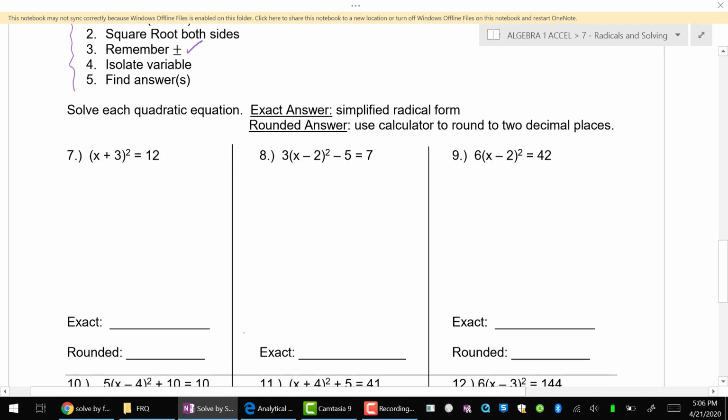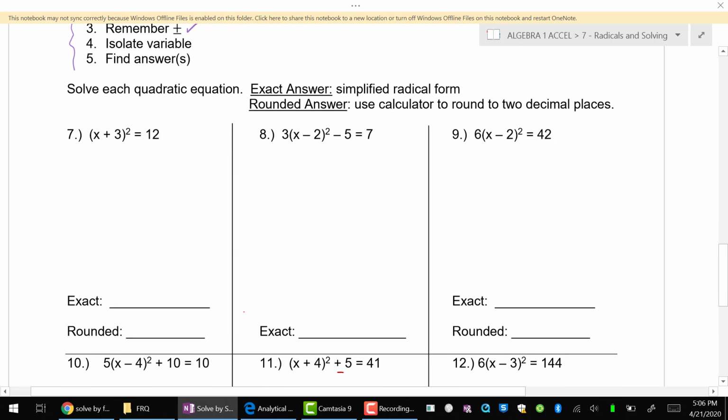I'll start with the basic one here in number 7. X plus 3 quantity squared is equal to 12. To get rid of that power of 2, I'm going to square root the left and the right-hand side, because that root will wipe out the power of 2, leaving me with a regular x plus 3 on the left-hand side all by itself.